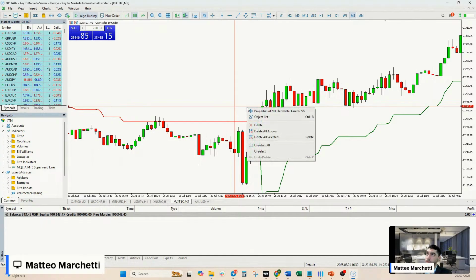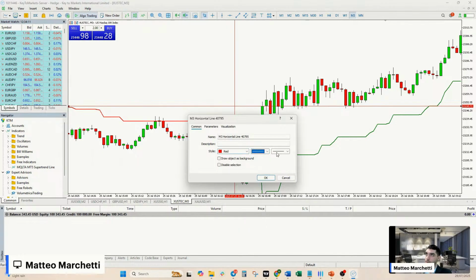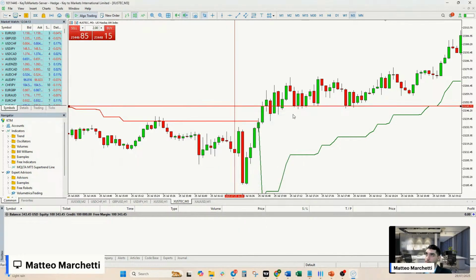Let me highlight this line a bit, otherwise it's very difficult. Okay, this is our entry point. I was saying we can place our stop loss.